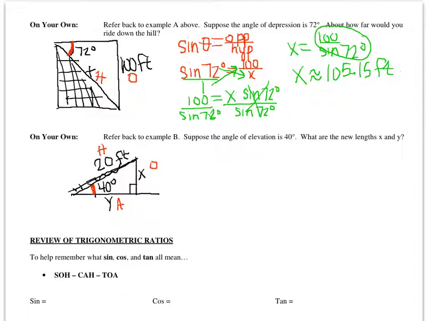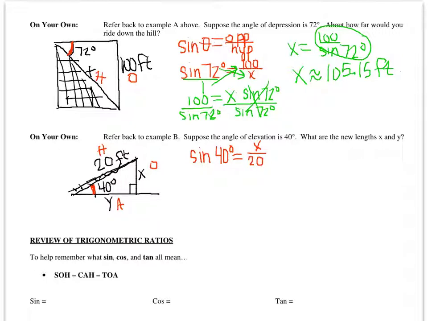So I'm going to start by finding my x. Those are the two that I need to use. That's opposite and hypotenuse. So I'm going to use the sine in order to find my length x. So I'm going to say the sine of 40 degrees equals opposite, which is x, over hypotenuse, which is 20.